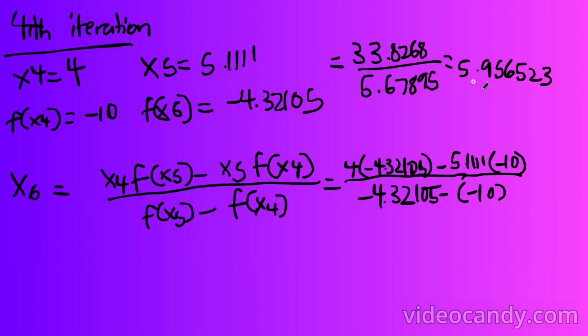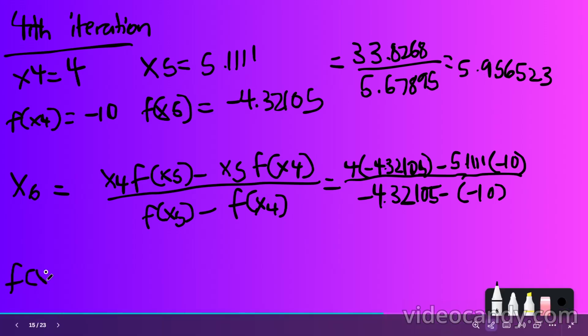So these are the numbers: 5.956523 for x6. So f of x6 is x square minus 4x minus 10, and how much?